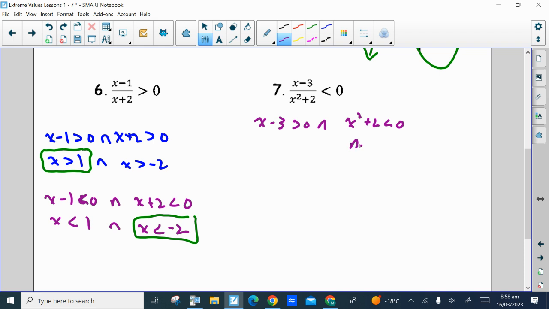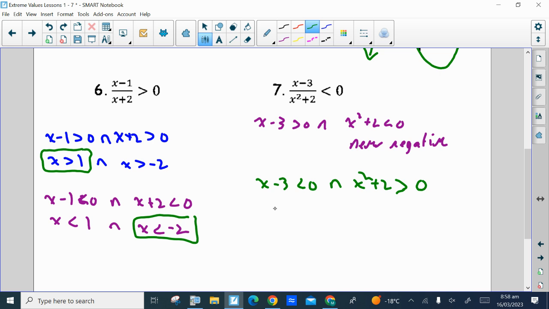So this is never negative. So this first scenario will not work because x squared plus 2 can't be negative. The only one that would work is if x minus 3 is negative and x squared plus 2 is positive.